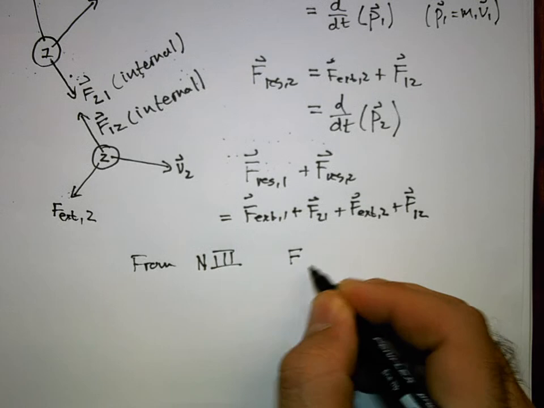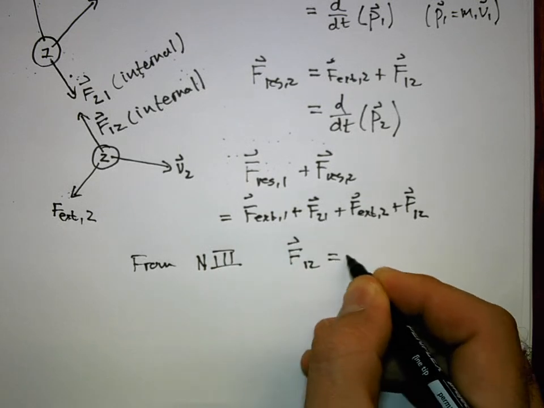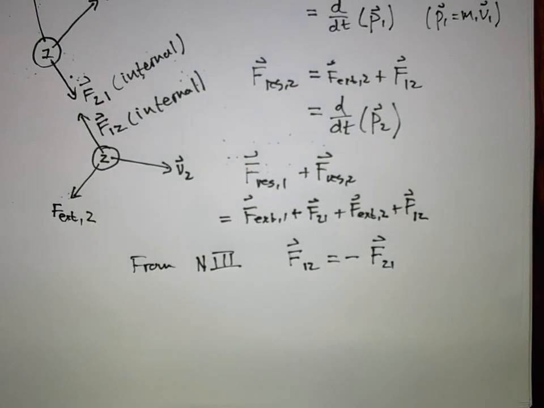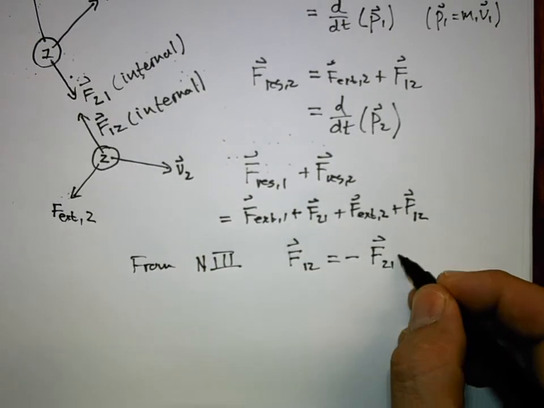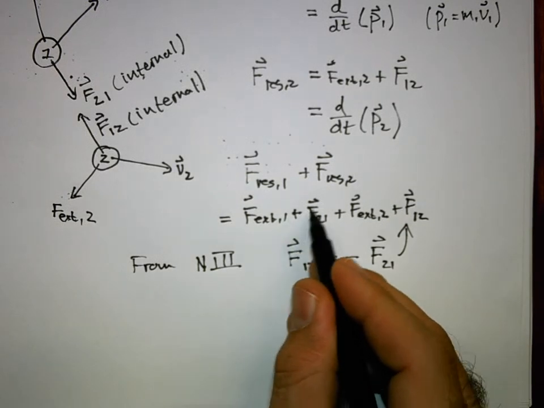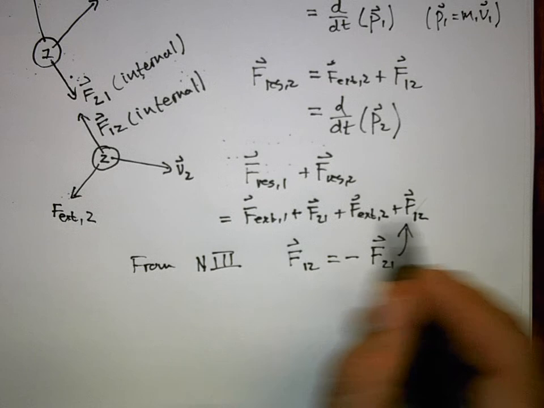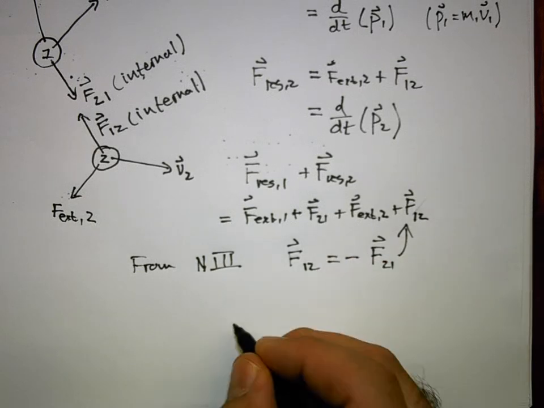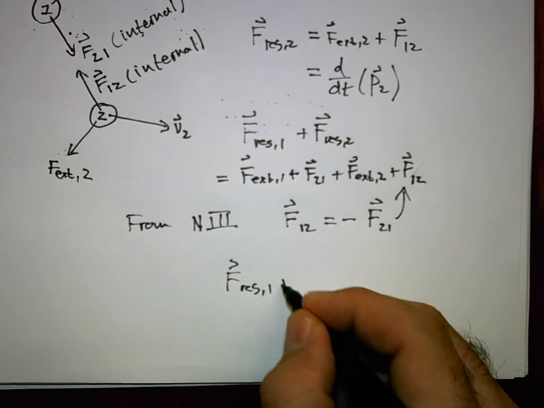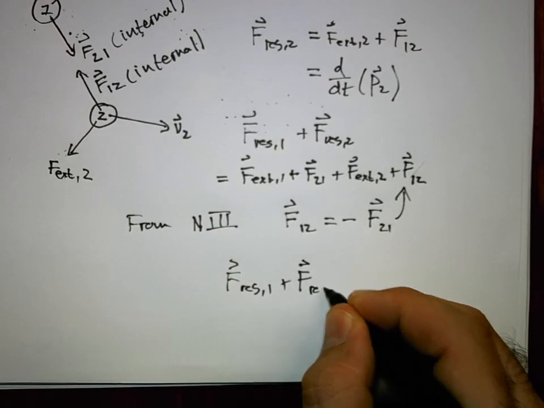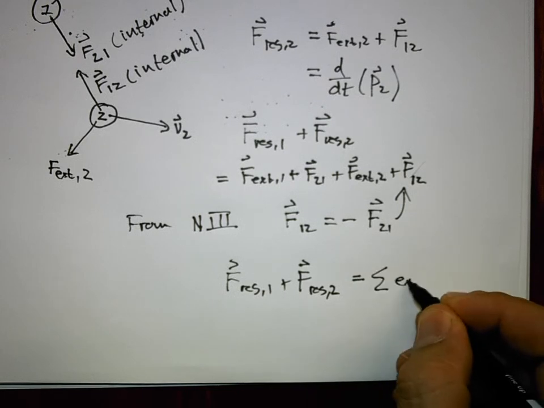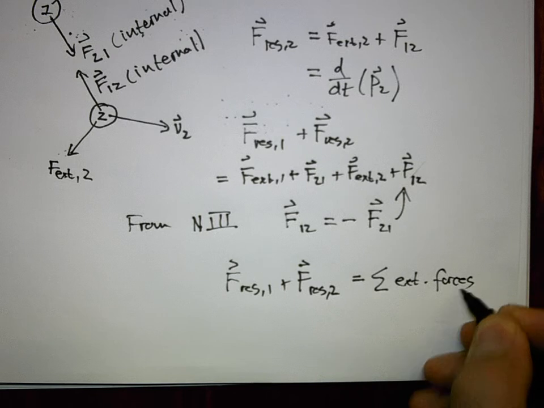So we must have that F12 is equal to negative F21. So if we put that into this expression, we find that that now becomes negative F12, and that cancels out. So what we're left with is that the sum of the resultant force on 1 plus the resultant force on 2 just gives us the sum of the external forces on the system.